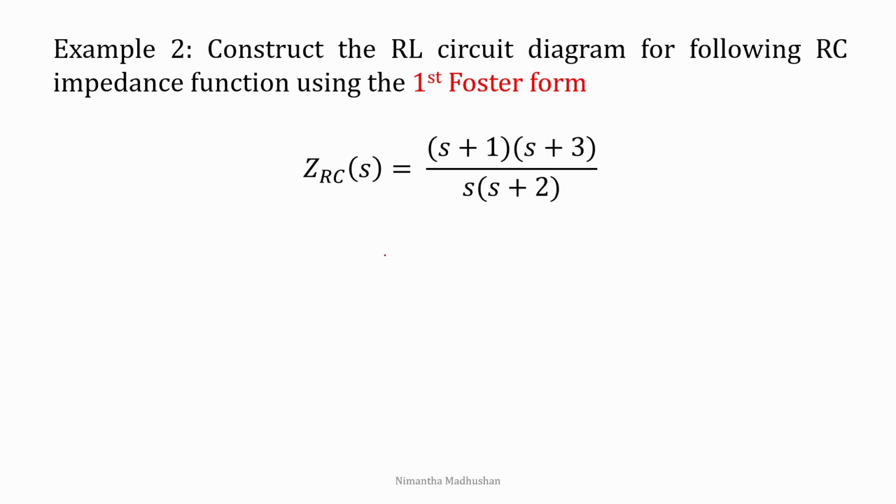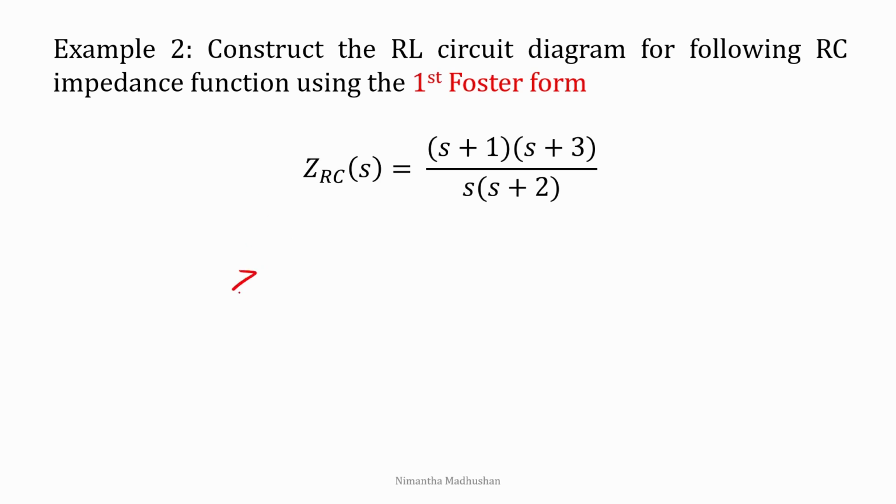In this video, I am going to explain the RL circuit synthesis problem using the first form. In the example, an RC impedance function is given. You know the impedance function of an RC network is equal to the admittance value of an RL network.